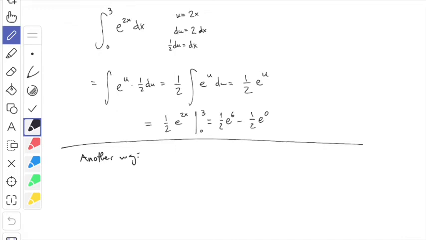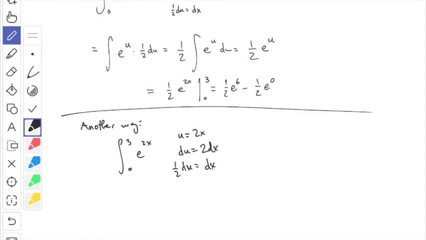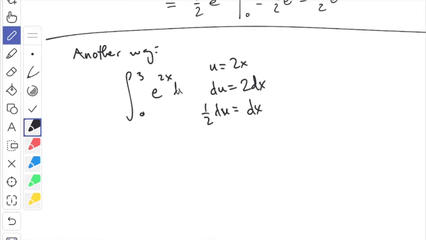So I'm just going to do the same problem again. It's the same substitution. Du is 2 dx, and then I'm also still going to divide by that 1/2 here. But I'm also, at this point, going to transform the 0 and the 3, which are x values to begin with. Sorry, I forgot my dx.